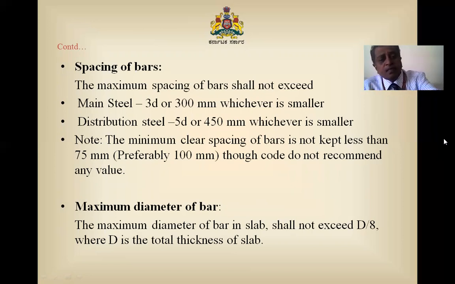But here the minimum clear spacing of bars in a slab shall not be less than 75 mm. Usually we keep the spacing at 100 mm regularly. The minimum spacing in practice is usually not less than 100 mm, but even 75 mm we can keep.